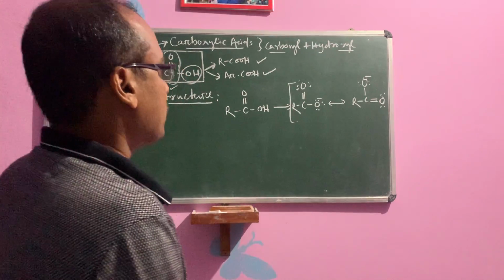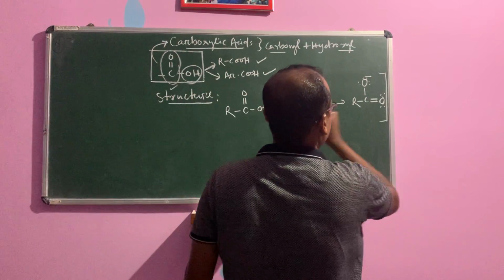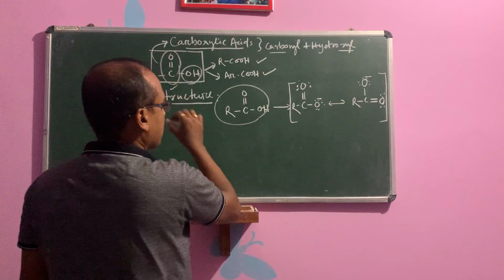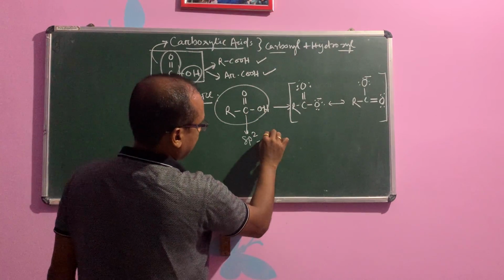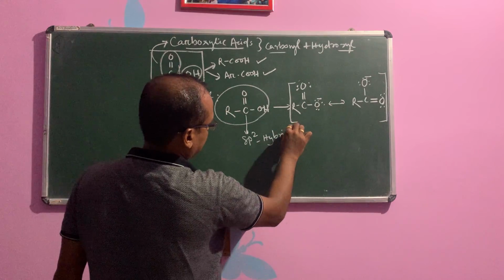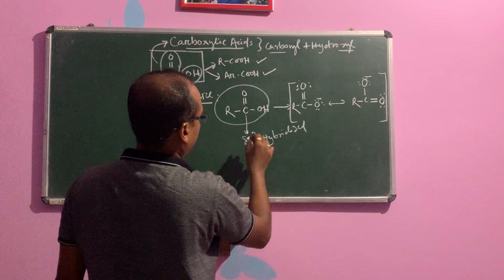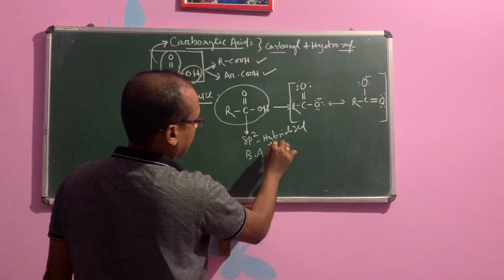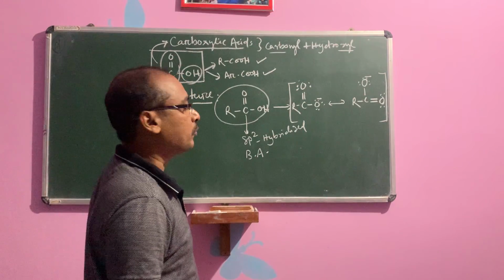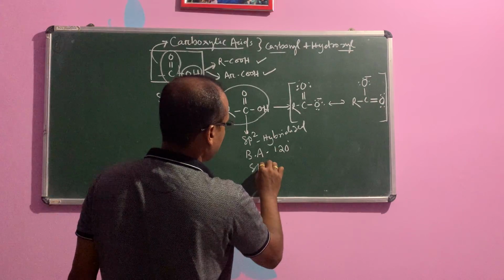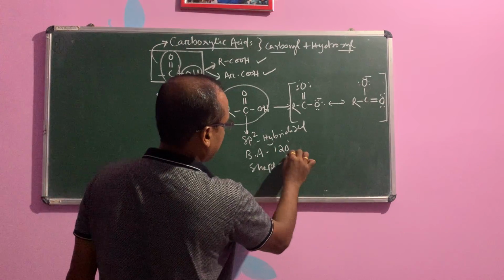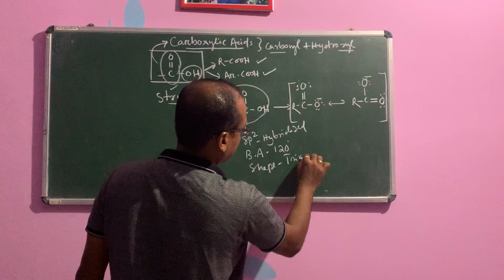So these are two resonating structures. But what is the structure? The carbon is sp2 hybridized, and the bond angle is 120 degrees. And the shape is trigonal planar.